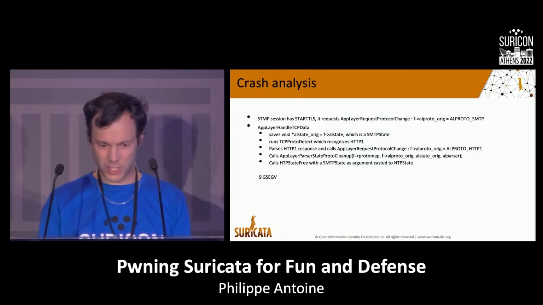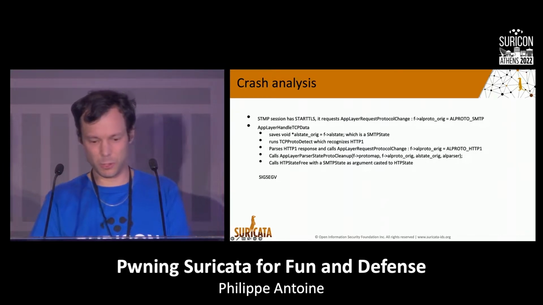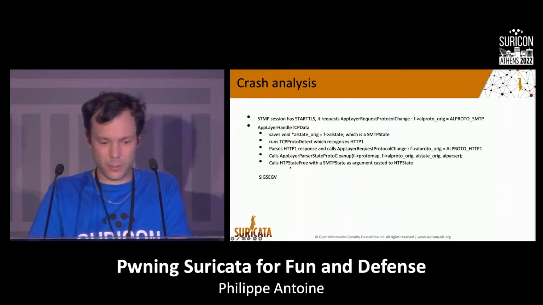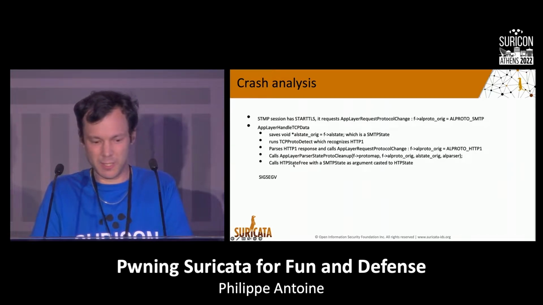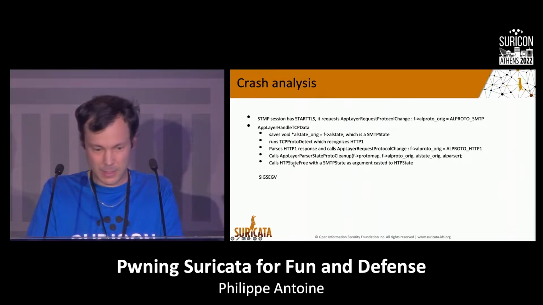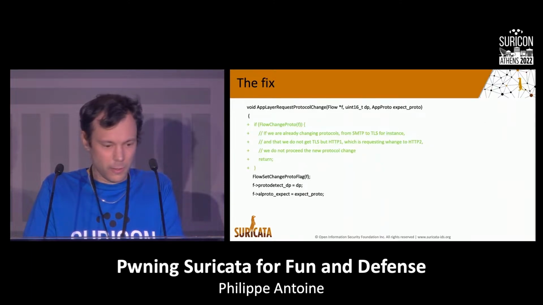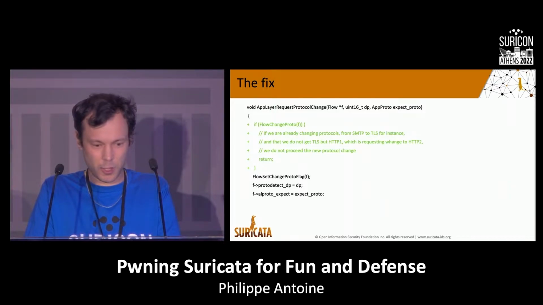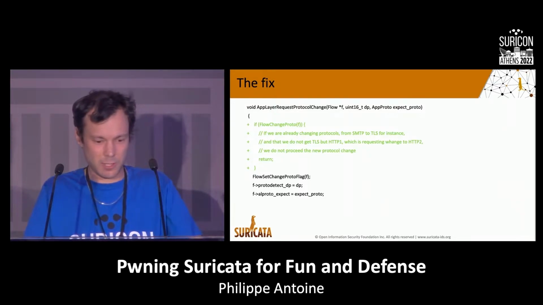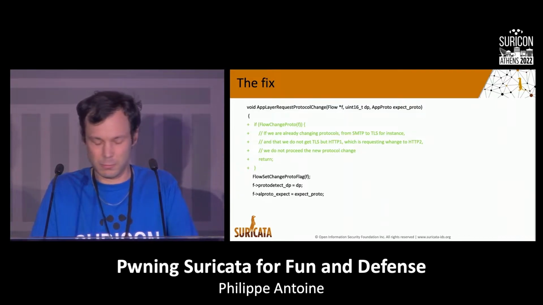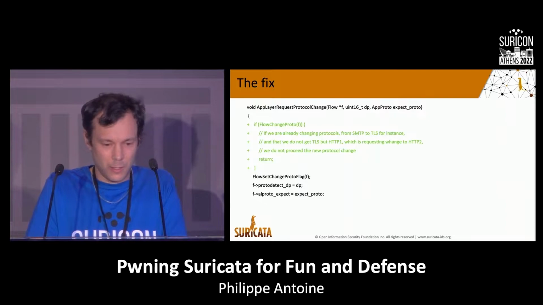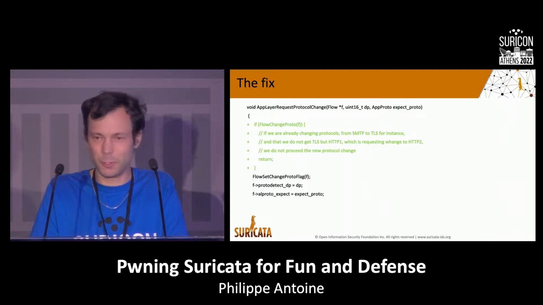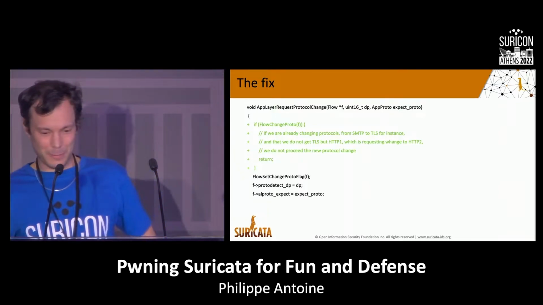We request a protocol change, so we save that it should be HTTP1 origin, but in fact it's SMTP, and so we call the HTTP state free with SMTP state arguments. And so the fix was simply this: if we are already doing a protocol change and there is another request, we do not accept it. So a simple three-line fix and a big bug prevented.